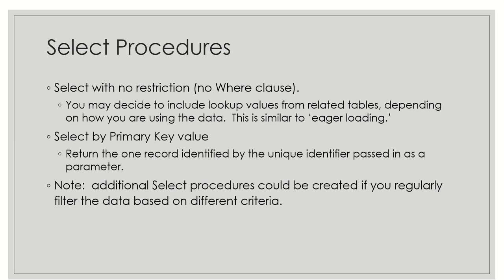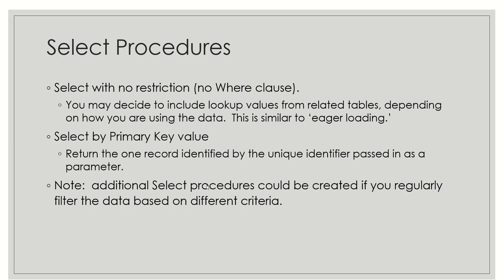Another option is to select one employee by primary key value. So that's a really important procedure that allows you to select one unique record. And those procedures are important because you might select one record to get more details about it, or you might want to perform an update on it, or you might want to perform a delete on it.